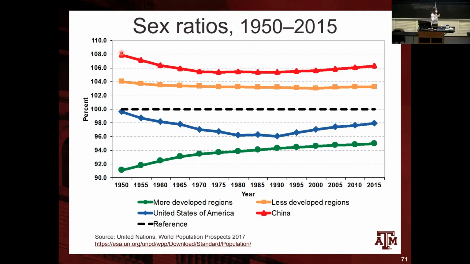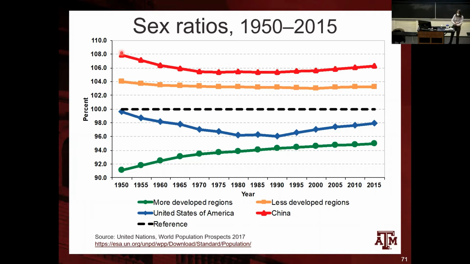But because of this policy from the government, and also because with economic development in China it starts to be more expensive to have more children, women, or families in general, start to want fewer children. And in their culture, there is a preference for sons.